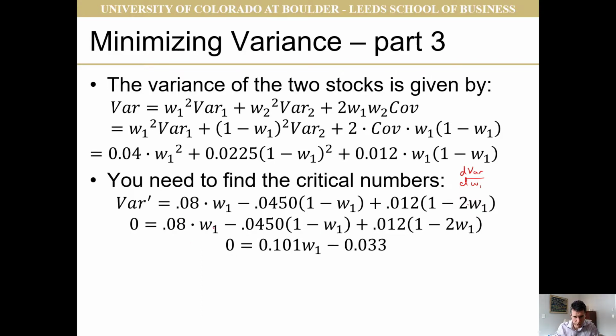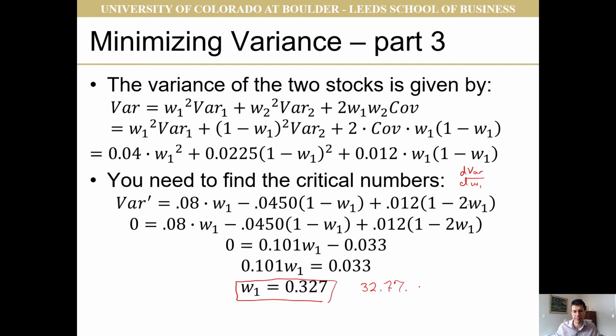We group all the terms with the W1, so we've got 0.08 W1 minus 0.045 W1 minus 0.024 W1, and we get 0.101 W1 minus 0.033. Solve, and we get W1 equals 0.327, or 32.7%.